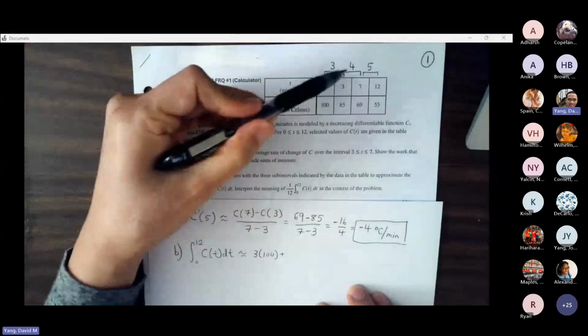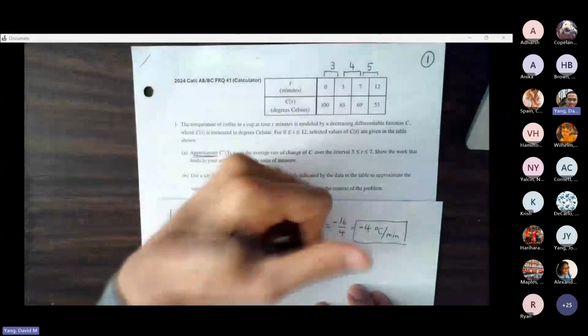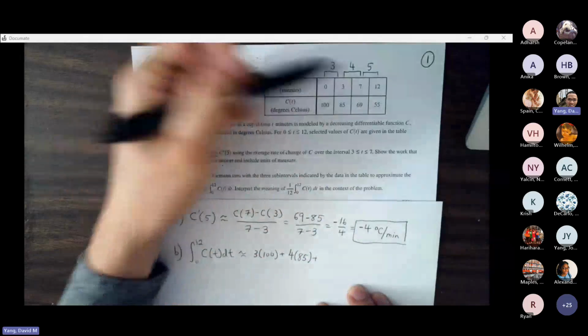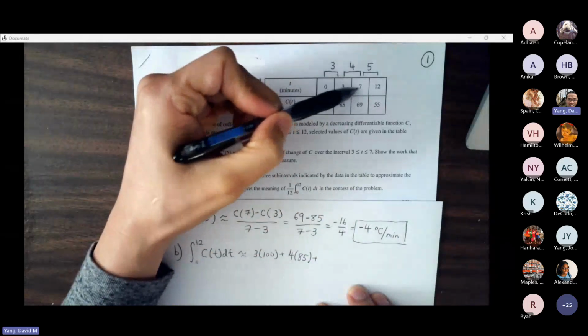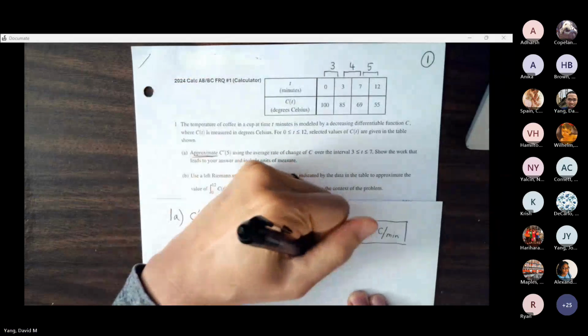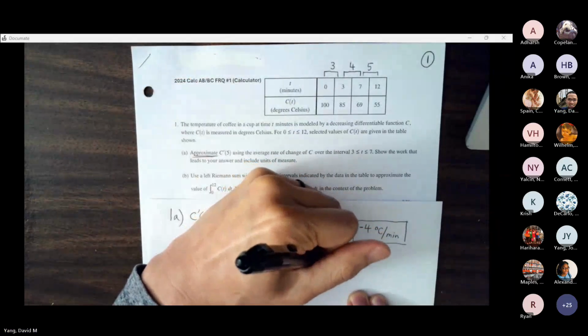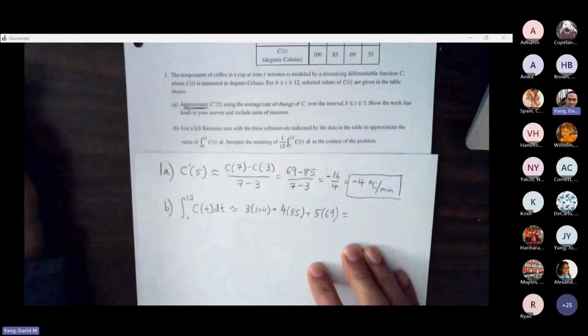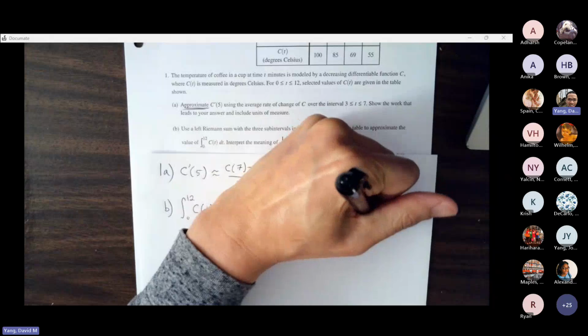Second rectangle, width of 4, height of 85. Third rectangle, width of 5, because 12 minus 7 is 5, and a height of 69. Use your calculator, add up those values. We get 985.